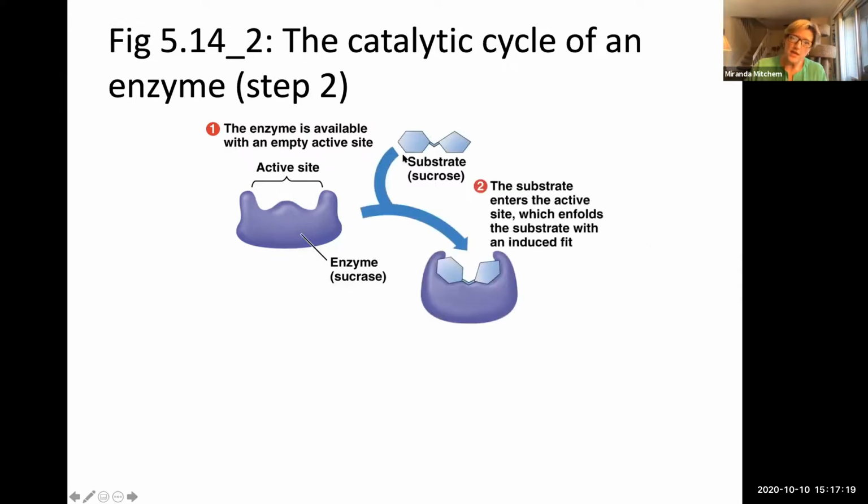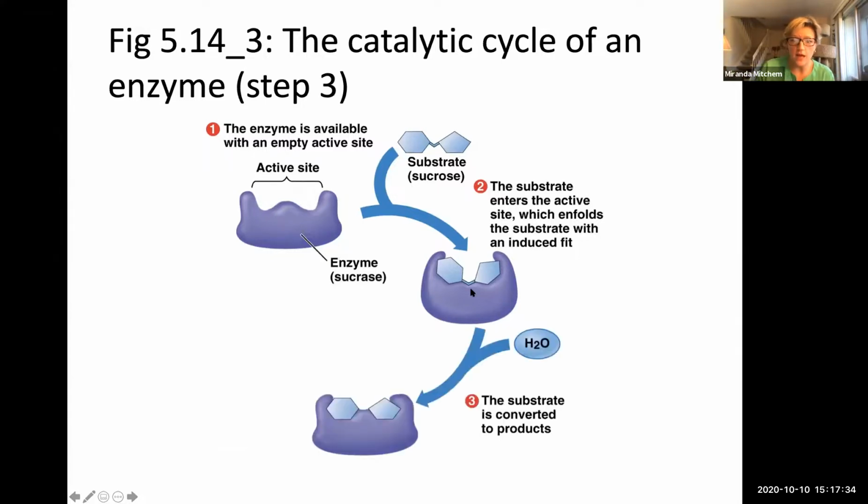The substrate is the sugar sucrose, which is composed of two different monomers. Sucrose binds into the active site of sucrase in a very specific way, and that allows for the hydrolysis of the covalent bond that holds together the two monomers.